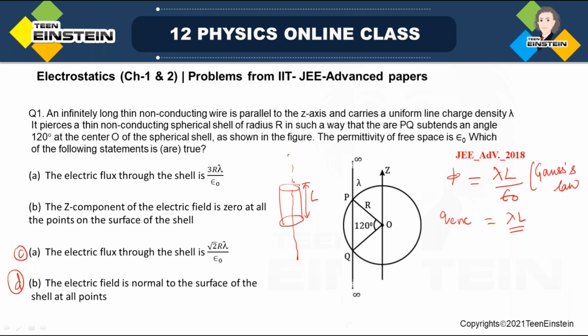In this case, if we draw the Gaussian surface, or Gaussian cylinder, that will have the length of PQ.